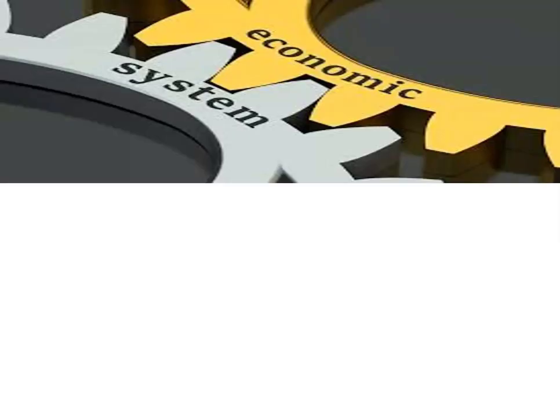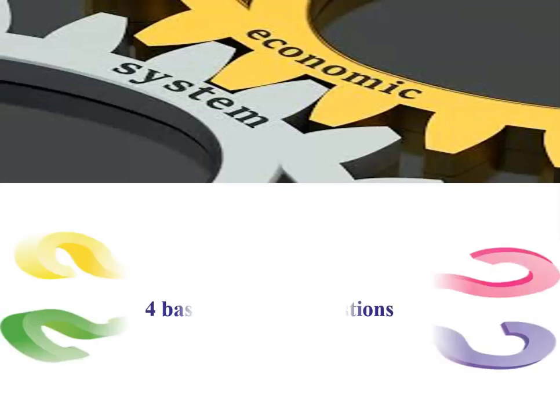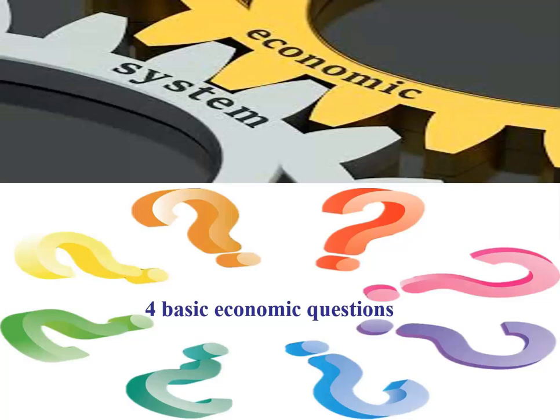Let's talk about economic systems. An economic system is a mechanism used by a society to best allocate its scarce resources. A nation's economic system significantly affects all the economic activities of its citizens and its organizations within that nation. A country's economic system provides answers to 4 basic economic questions.